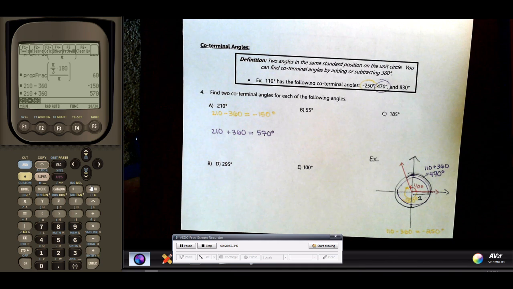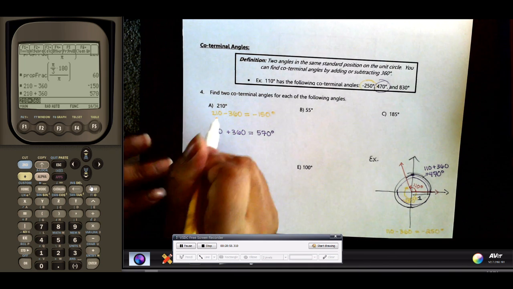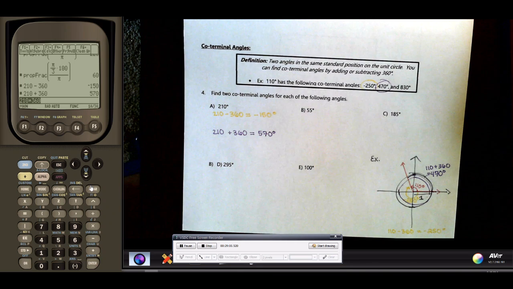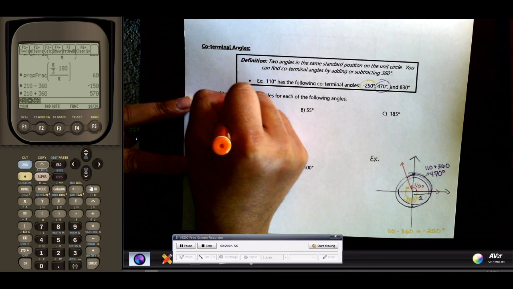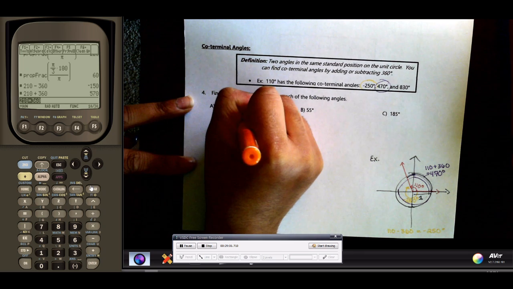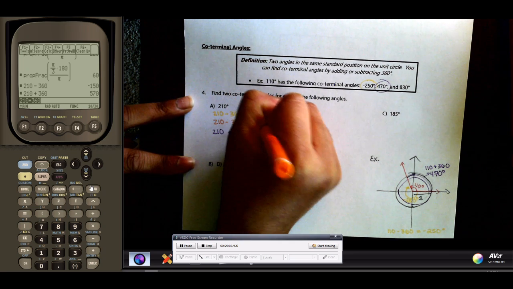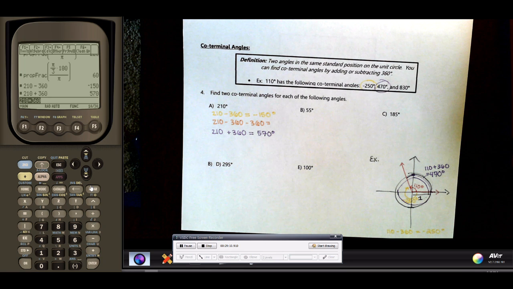Infinite answers. So for instance, let me pick a different color. I could do 210 minus 360, and then subtract 360 again if I wanted to. Because you're just subtracting two rotations. It's still okay as long as you're adding and subtracting 360.